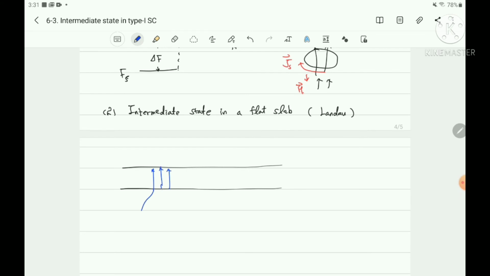But outside the sample, and anyway, in the superconducting state there is no magnetic field inside the sample, and therefore the magnetic field penetrates inside the sample at a certain normal state. We can think about that like this.